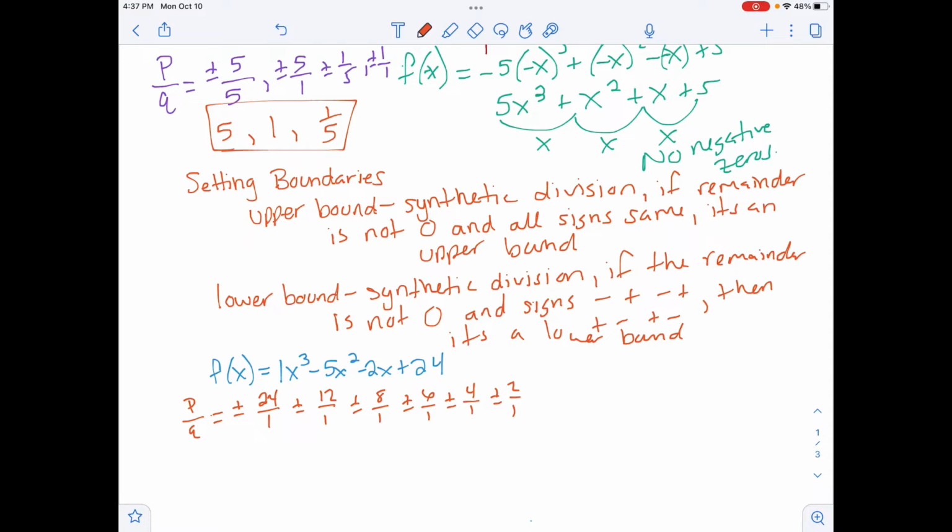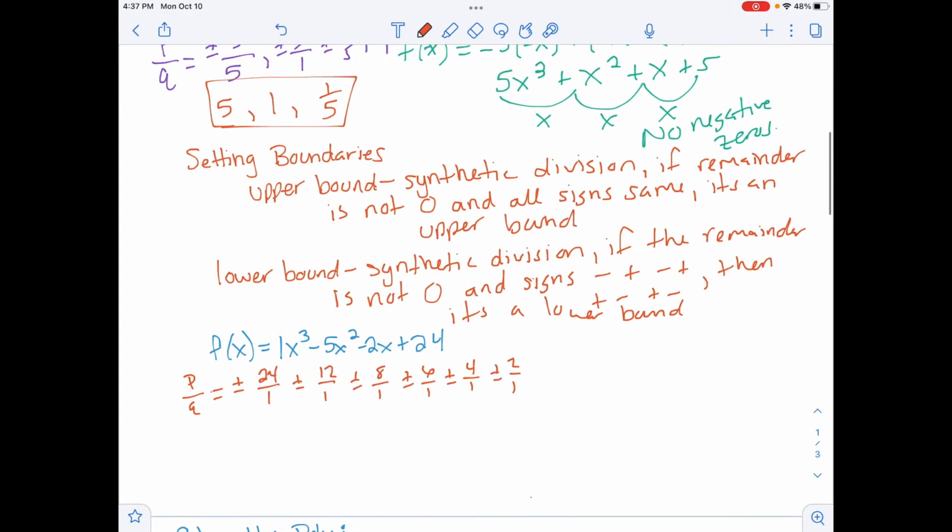Okay, listed all of my possibilities. Now from those possibilities, that's a lot of possibilities, right? Factors of the 24 on top, factors of 1 on the bottom. I really don't want to do all of those. Well, first, you could use Descartes' rule, but we're not going to do that quite yet. We're just going to look at the boundaries.